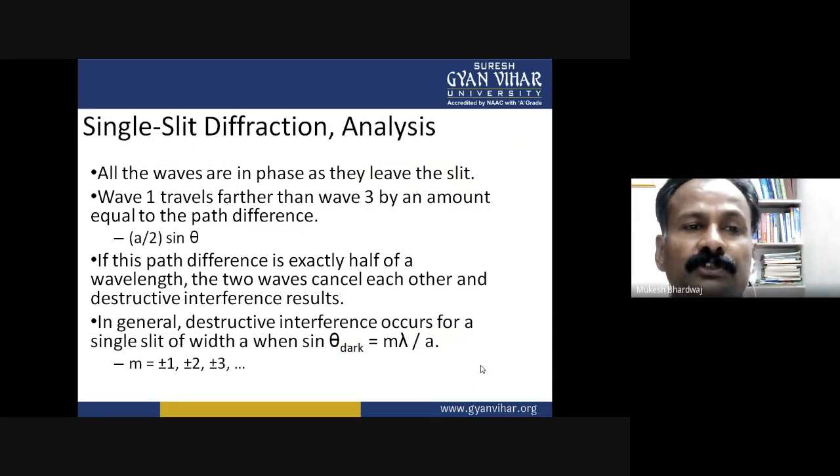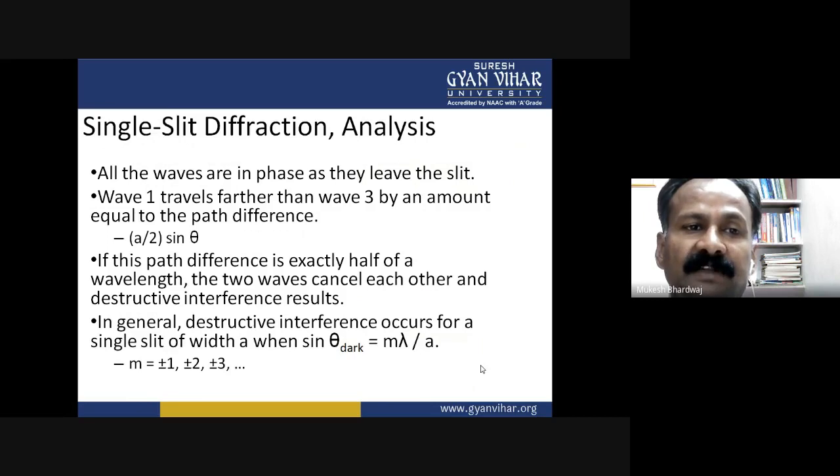In Fresnel diffraction, the source of light and the observation point are both at finite distance from the diffractor, whereas in Fraunhofer diffraction, the source of light and the observation point are both effectively at infinite distance from the diffractor. In Fresnel diffraction, the incident and diffracted wave fronts are either spherical or cylindrical, whereas in Fraunhofer diffraction, the incident and diffracted wave fronts are plane.